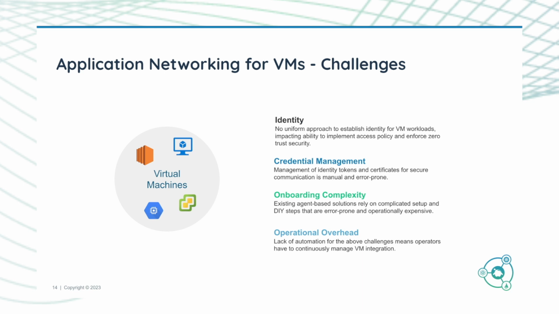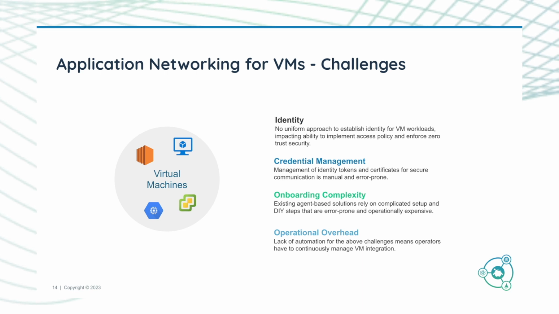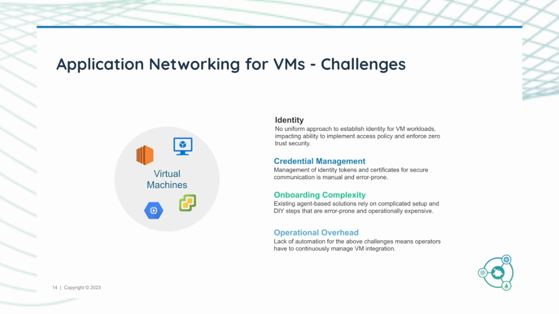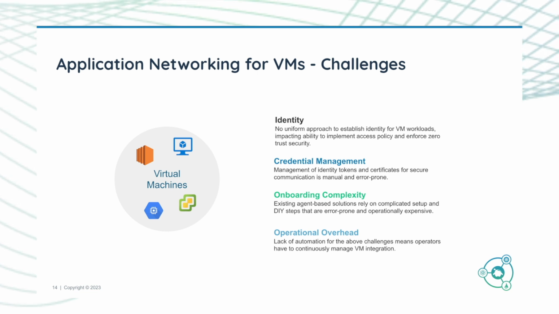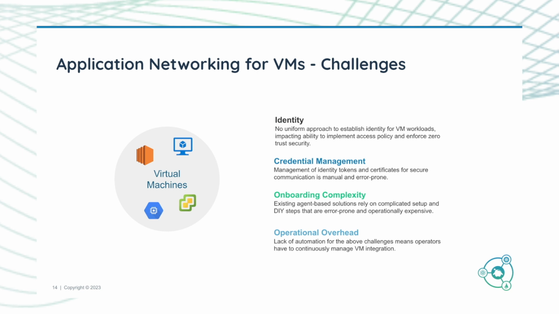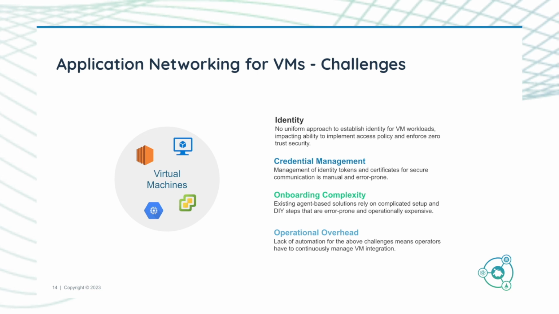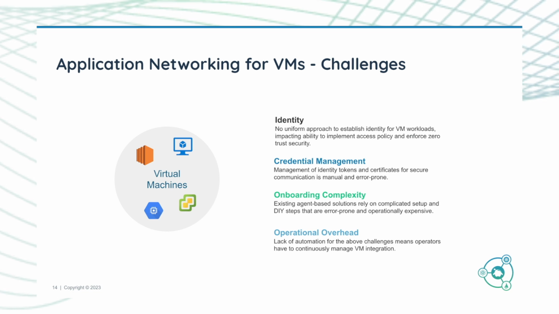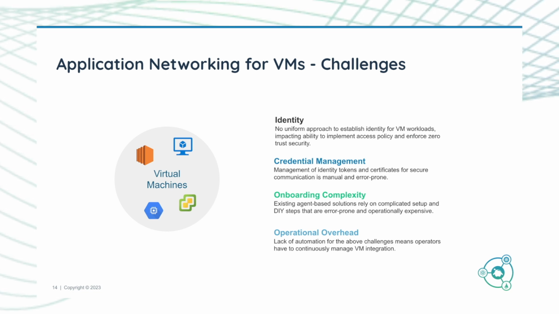Now let's look at some of the challenges associated with integrating virtual machines in your application network. The first is around identity. There's no uniform approach to establishing the identity of a workload in a virtual machine across cloud providers and on-premise environments. This creates a big problem around credential management.